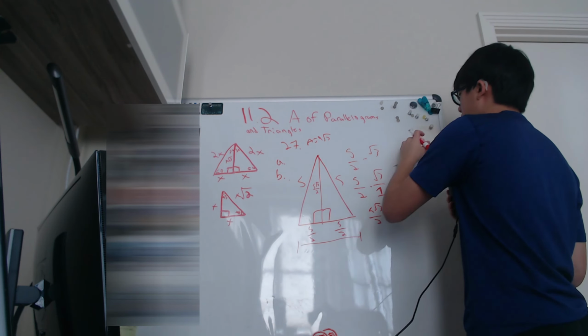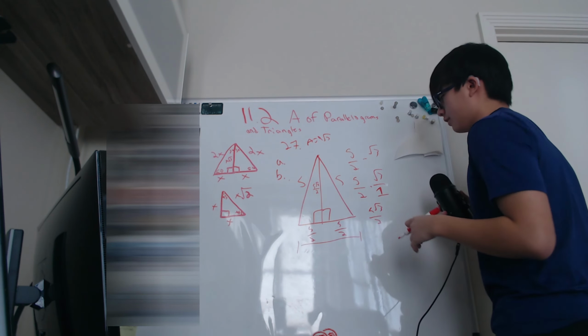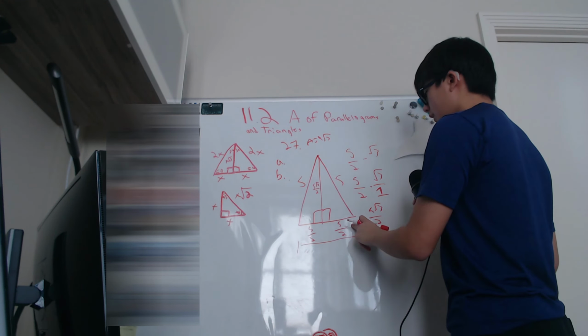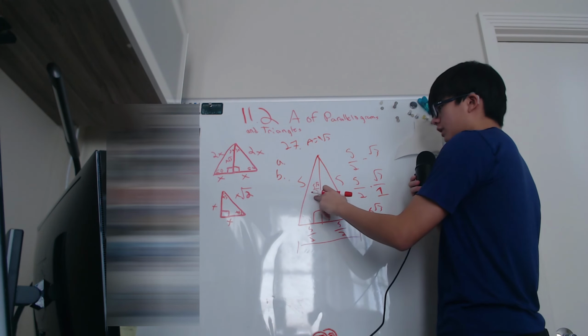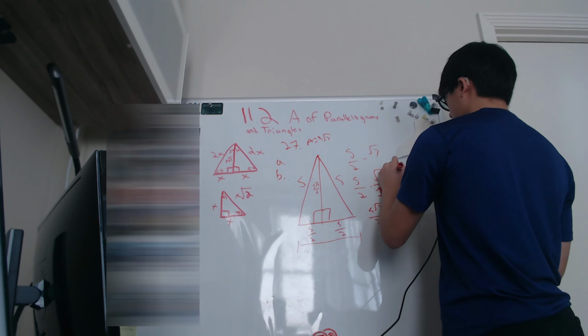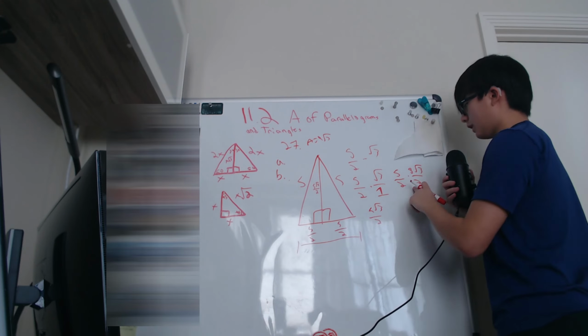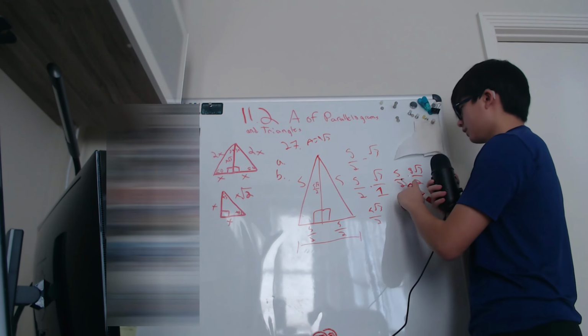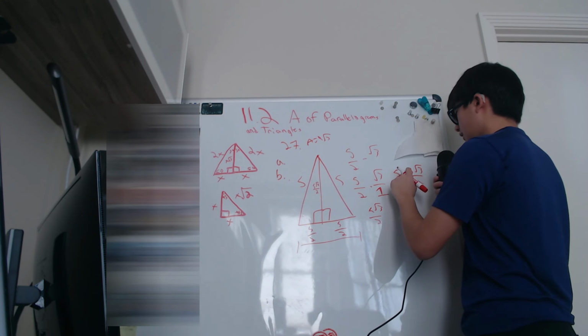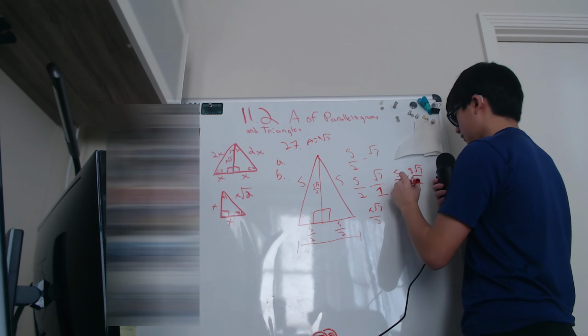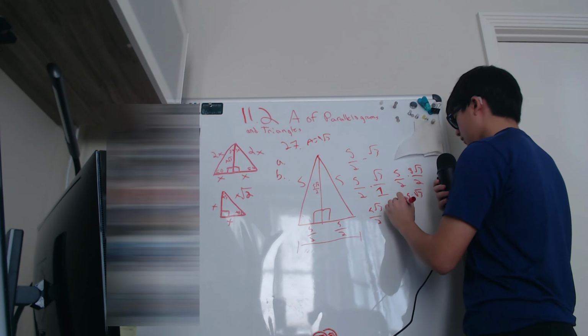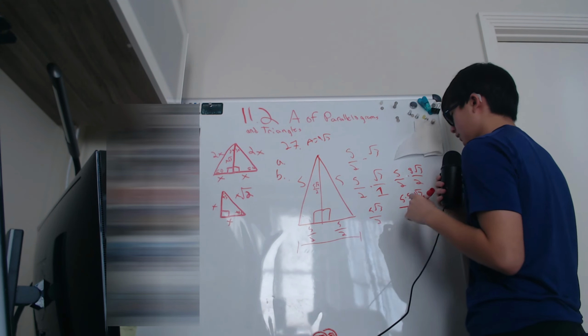And now it's as simple as just doing the previous problem. All I have to do is multiply this by this, s over 2 times s root 3 over 2. And in multiplication, we always multiply the denominators as well. This means s times s root 3 as our numerator over 2 times 2, or 4, as our denominator.